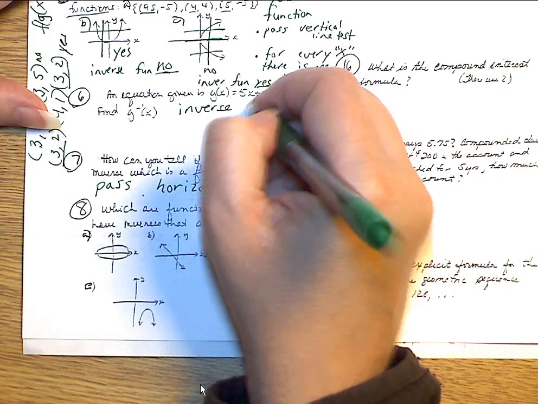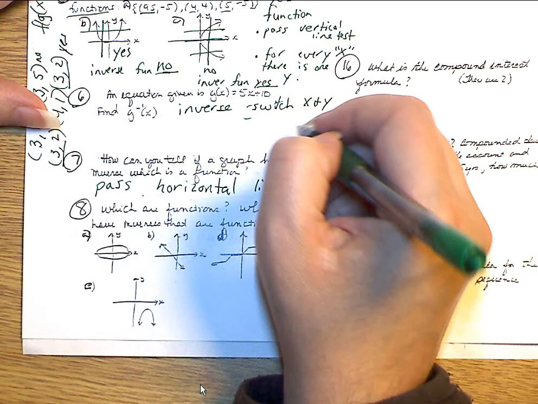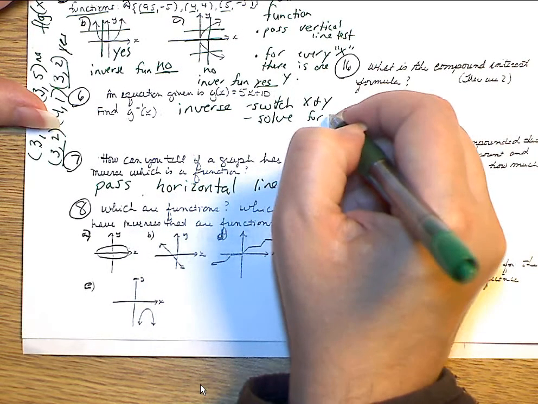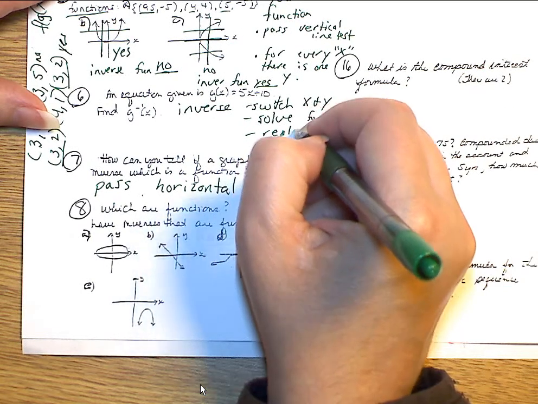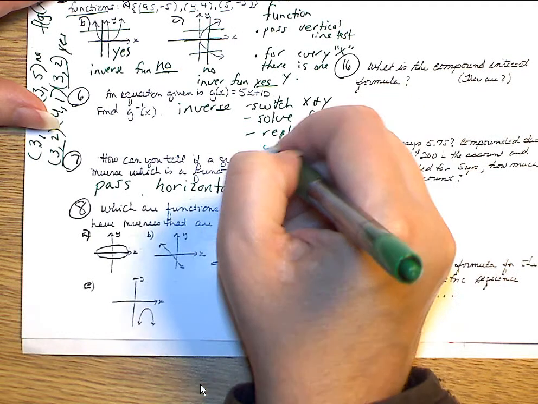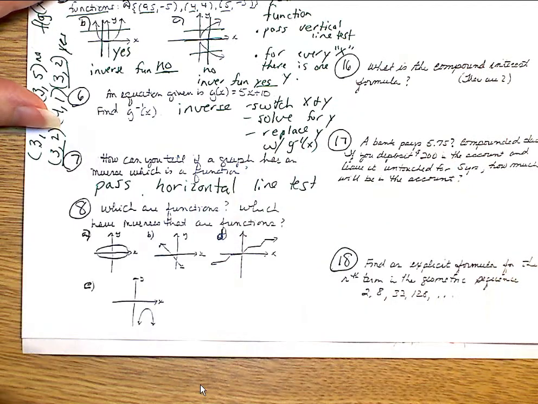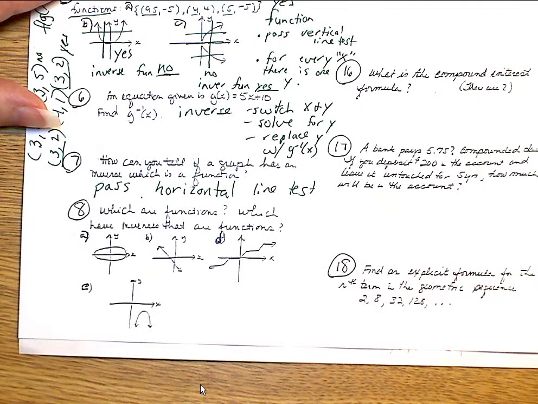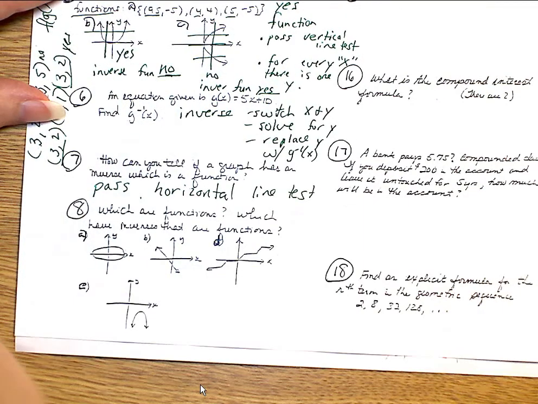Then what's your second step? Solve for y. And then the last step is to replace y with your g of -1. So I'm going to leave you that problem to try because I don't think there are other problems in the packet like that. And then on Tuesday, I'm going to go through and fill in the rest of this with you.